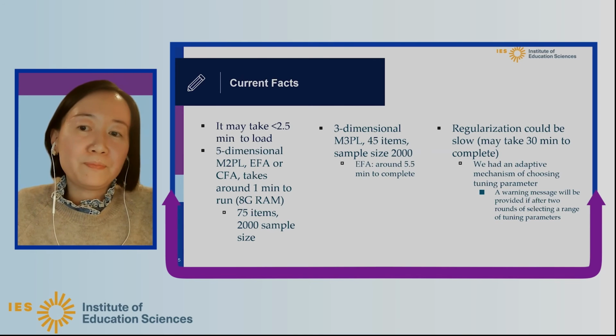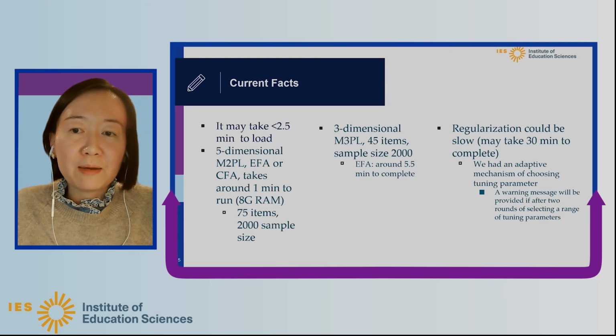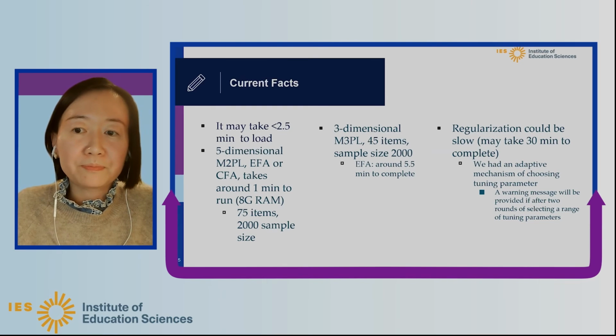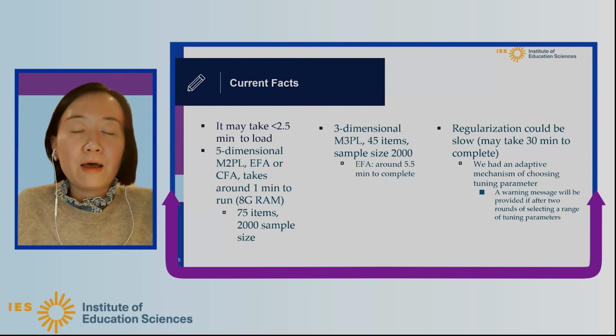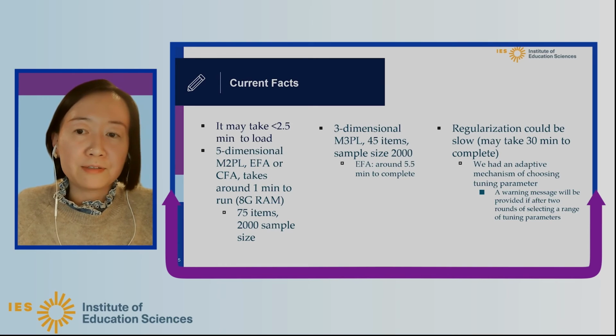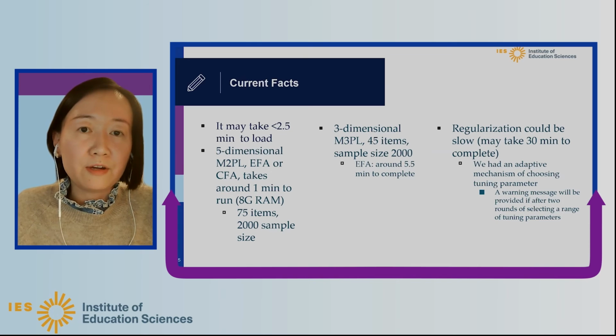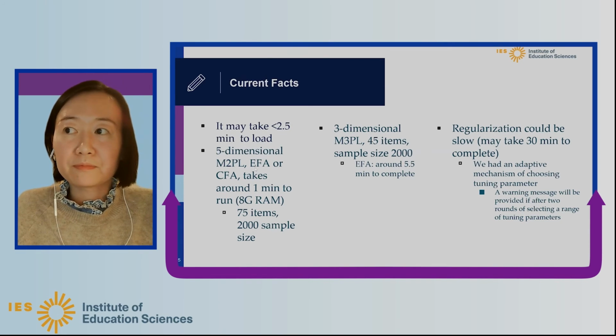So of course, it's much more time consuming, and we built in an adaptive mechanism for choosing the tuning parameter. We also built a warning system: if after 2 rounds of adaptively seeking the optimal tuning parameter it still doesn't work, it will output a warning message telling users that their final results may not be statistically optimal.